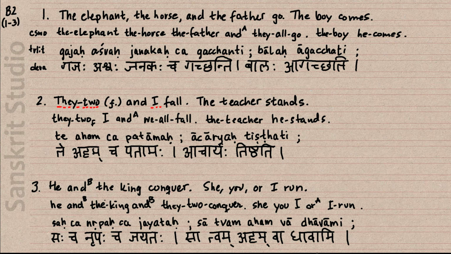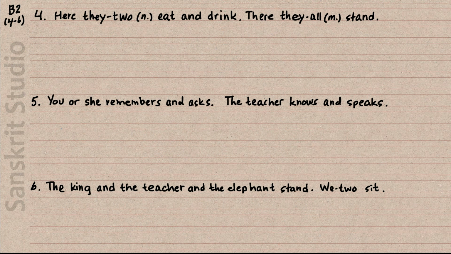Okay, that's the first page, looking good, and we have the second half done. Alright, so here they do and eat. Okay, we have an adverb here, and "they two", another pronoun, but this time it's neuter.